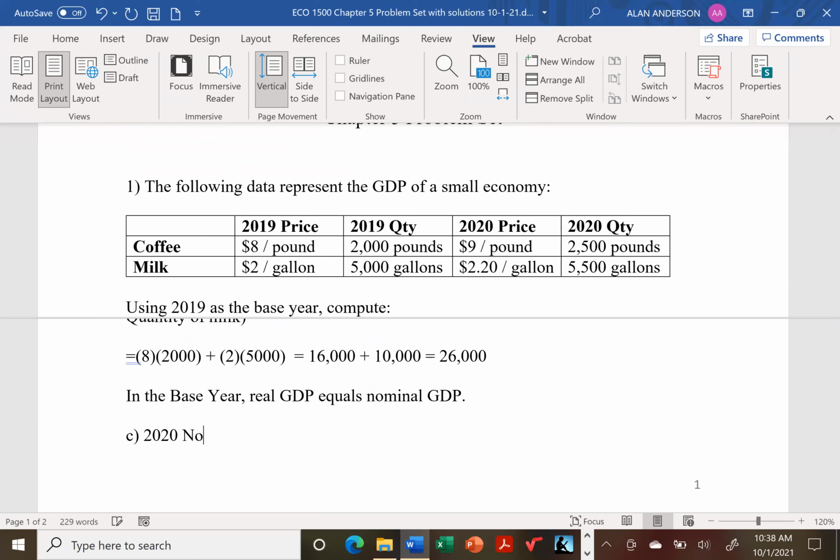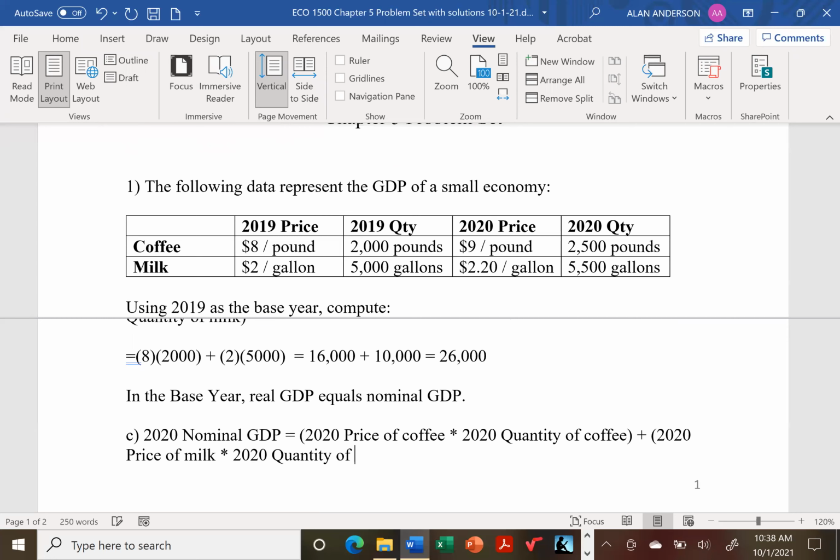So 2020 nominal GDP equals 2020 price of coffee times 2020 quantity of coffee plus the 2020 price of milk times the 2020 quantity of milk. So again, you notice when we're dealing with the nominal GDP, everything is in the same year.